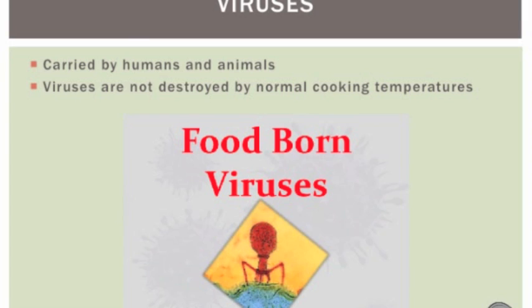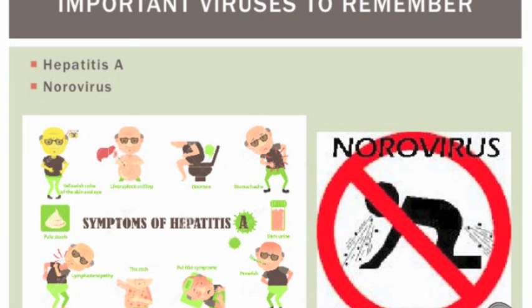So next we have viruses, which are carried by humans and animals and are not destroyed by normal cooking temperatures. And so one has to be aware of their source in a food service organization and know that their source is reputable and safe.